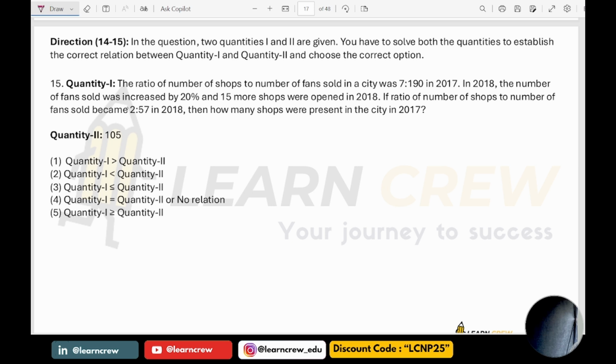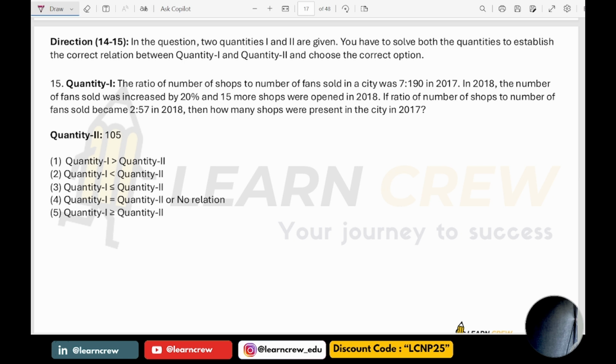Next question, 15th question. The ratio of number of shops to number of fans sold in a city was 7:190. And the number of fans sold was increased by 20%, and 15 more shops were opened in 2018.